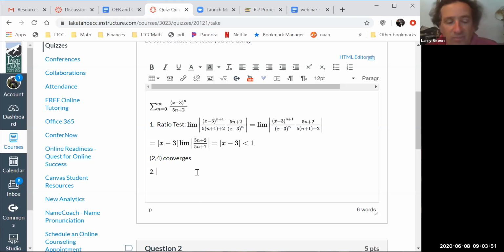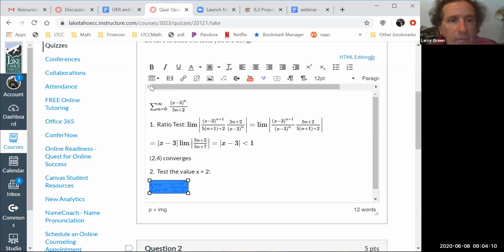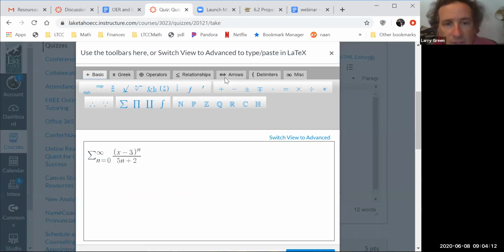So test the value x equals 2. I'm going to plug in 2, and 2 minus 3, I hope you can all do that in your sleep, is -1.